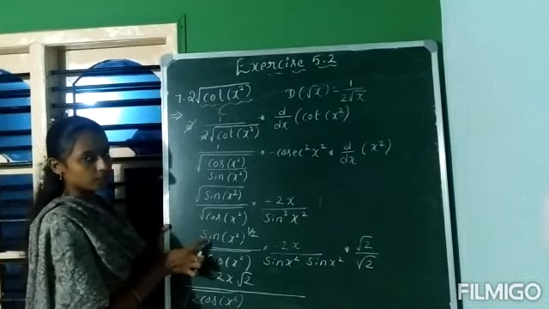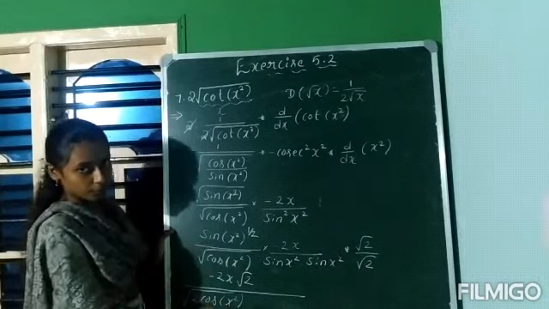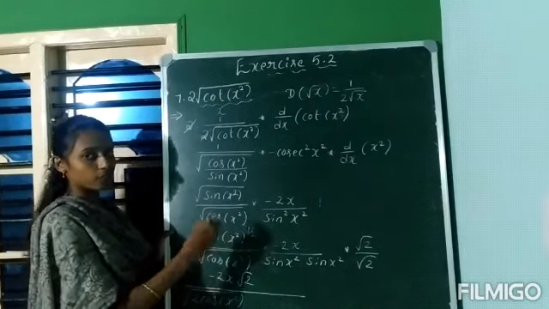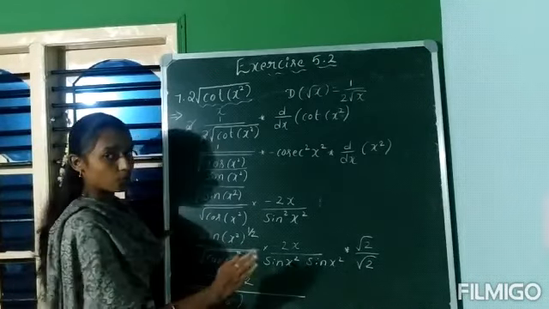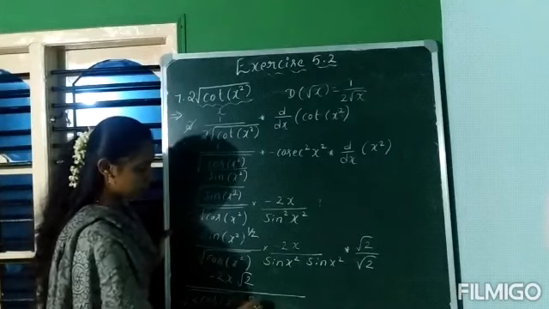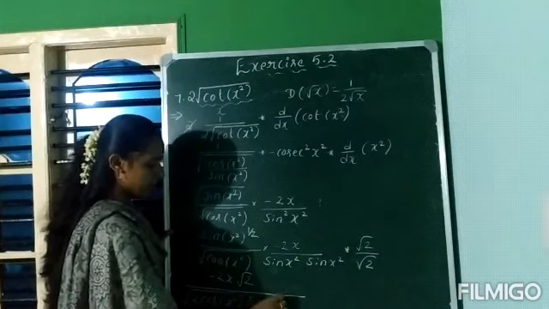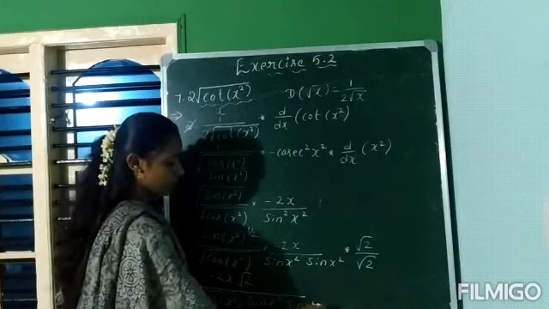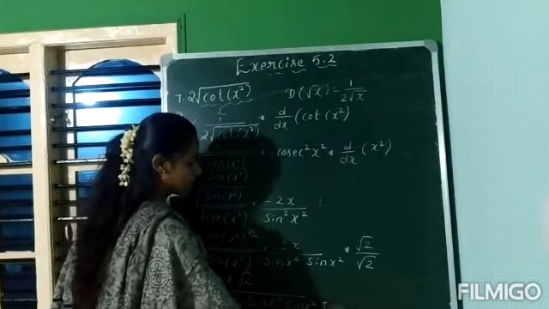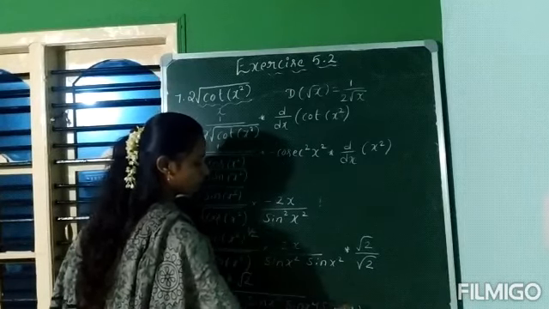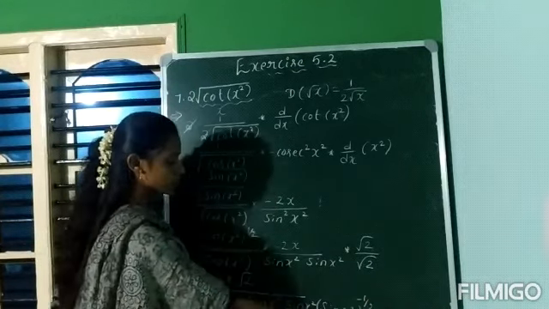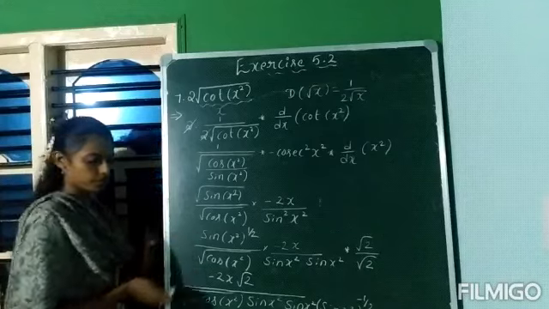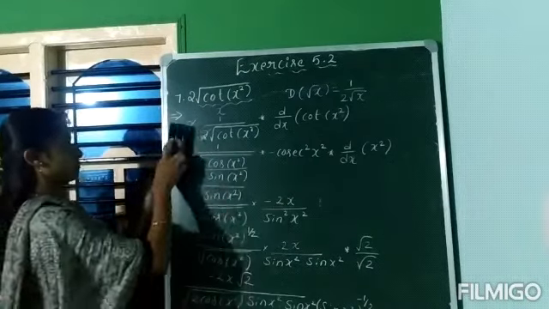Here I'll just write this numerator term to the denominator, hence its power will change, nothing but only the sign. So sine x square here, one more sine x square, and sine x square power minus 1 by 2.